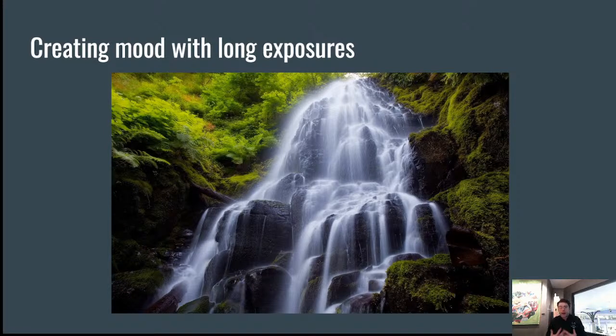Now, the problem that we get with long exposure is movement. Movement is the killer to most photos, to most long exposure photos too. Where do we see the blur on this image? Well, if we look at the water and we look at the white rapids of the water, we can see that there's a haze around the whole thing, where it almost looks like the water was maybe photoshopped or dropped into the image.